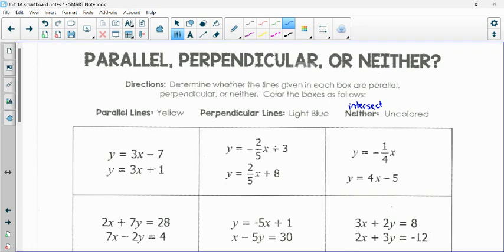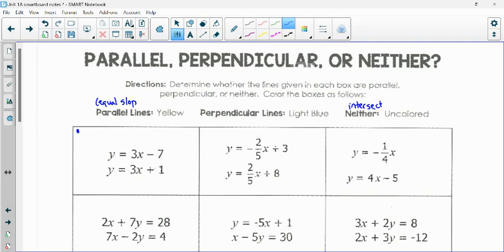So if we look at, let's say, this one right here, okay? Again, we're trying to determine parallel, perpendicular, neither. What we just talked about, parallel lines are going to have what kind of slopes? Same or equal. Okay, so you might want to make a note, equal slopes.